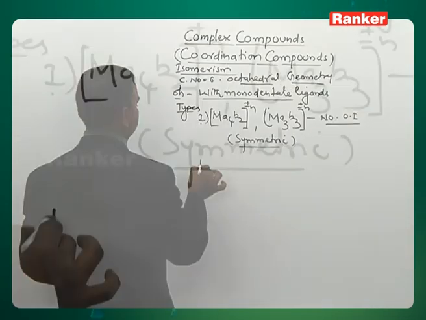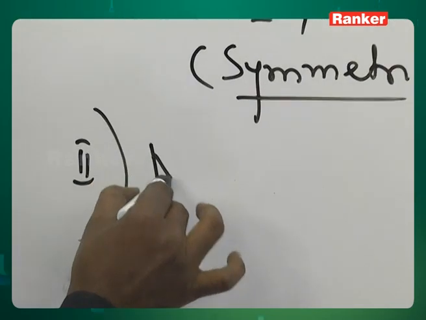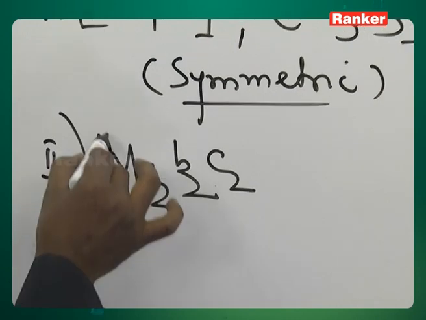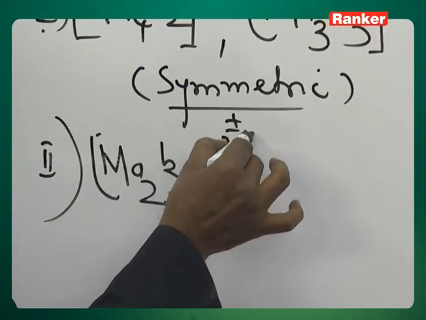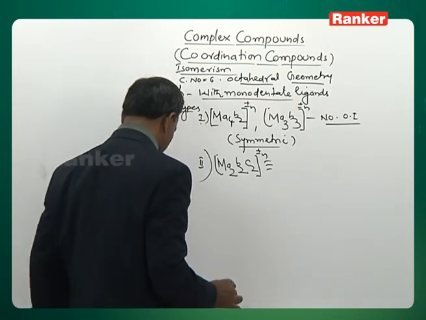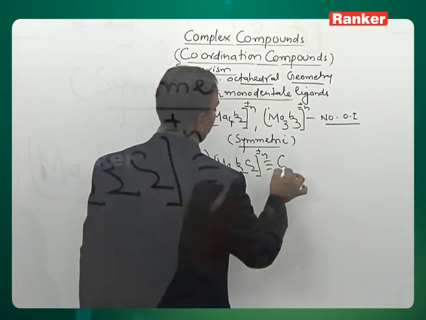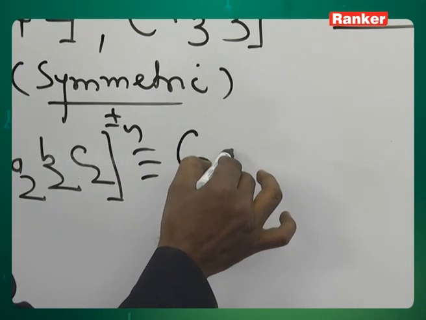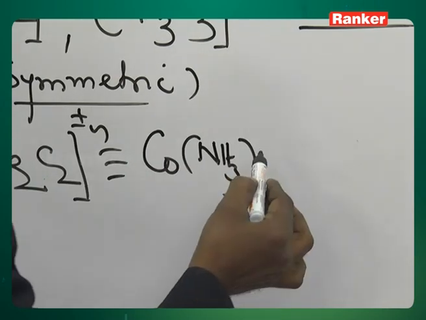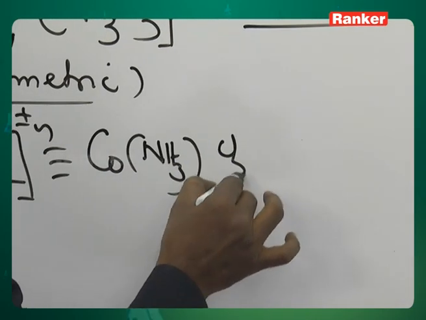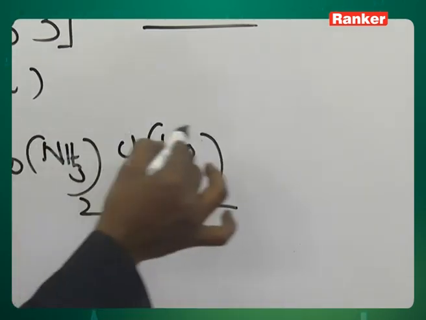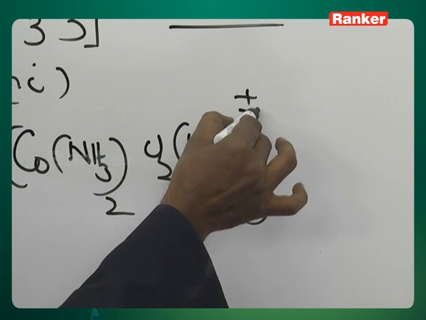Coming to the second, take now Ma2B2C2, plus or minus n. Let me give a real example. Consider cobalt, NH3 taken twice, Cl2, and H2O taken twice, Ma2B2C2.